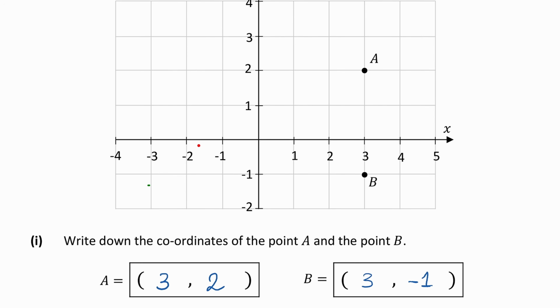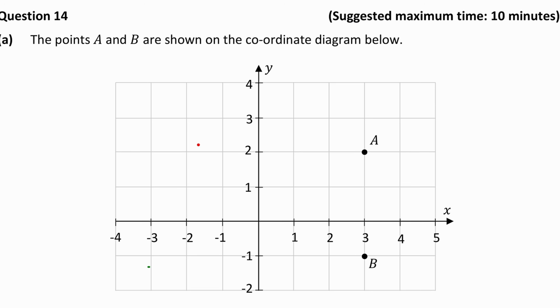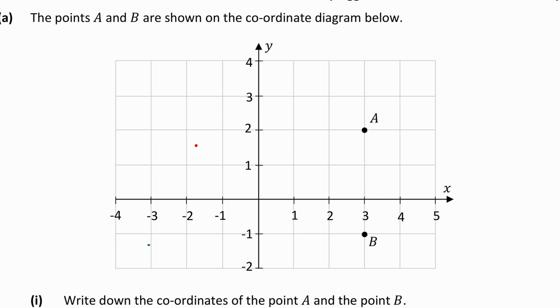So the x coordinate of the point is minus 4. So where is minus 4? This is the x-axis. So minus 4 should be on this side. So we have minus 1, minus 2, minus 3, so here's minus 4. Then we need to check the y coordinate of the point.